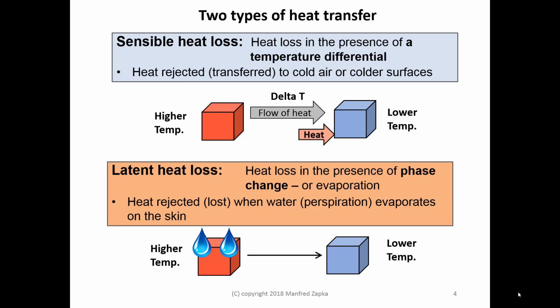The second one is latent heat loss. This heat loss is in the presence of a phase change, in our case evaporation. The heat rejected or lost is when water evaporates, or perspiration evaporates on the skin. So here the temperature is not transferred, but it is absorbed by actually evaporating water.